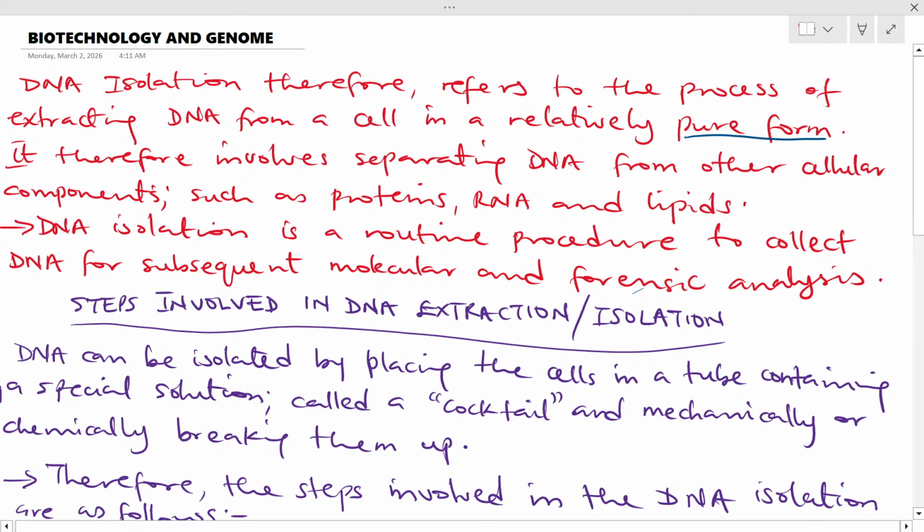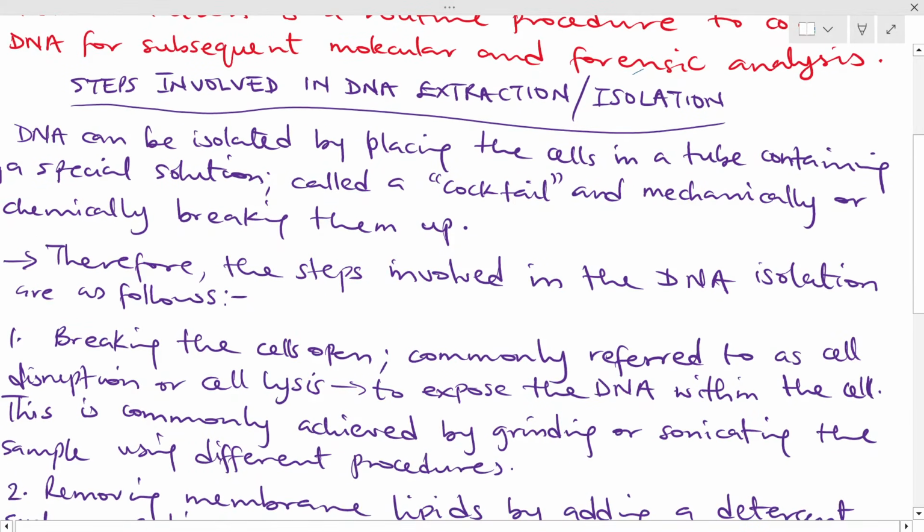So we now look at the steps involved in isolating or extracting this DNA. We saw that DNA can be isolated by placing the cells in a tube containing a special solution, normally called what? The cocktail.